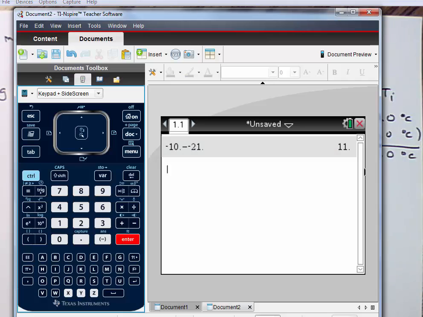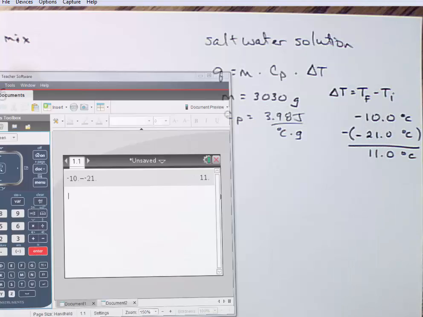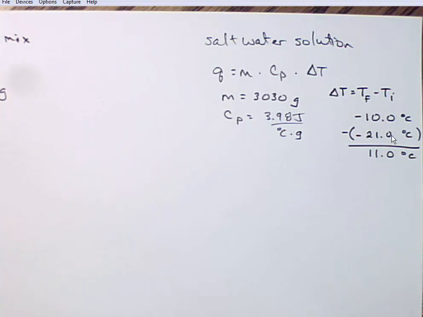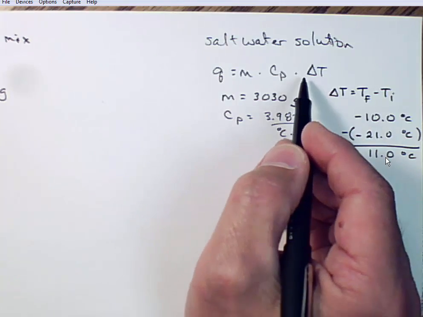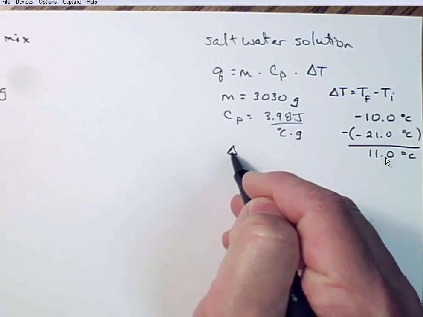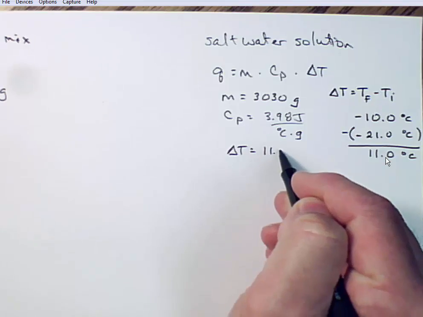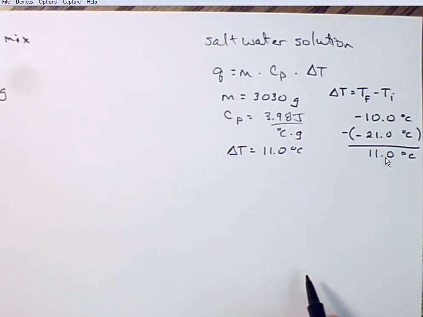Calculator just says 11, but it's 11.0 because there's no empty slots in this column, so there has to be a 0 here. So 3 significant digits in this answer. We now know the delta T term is 11.0 degrees C.